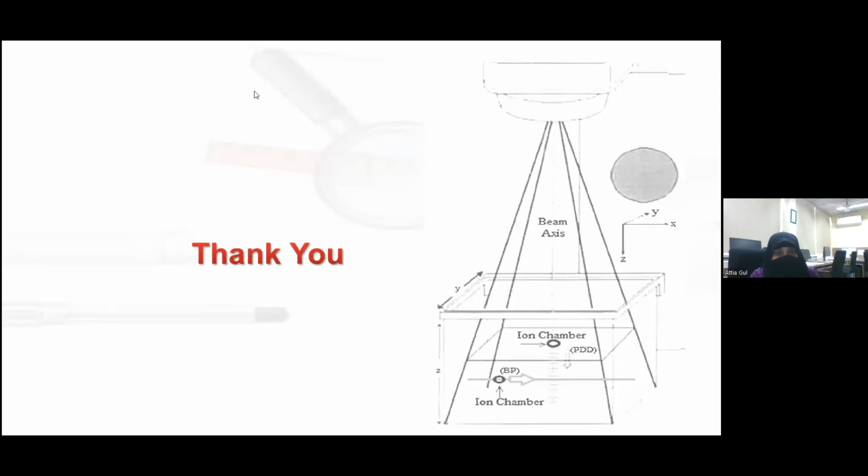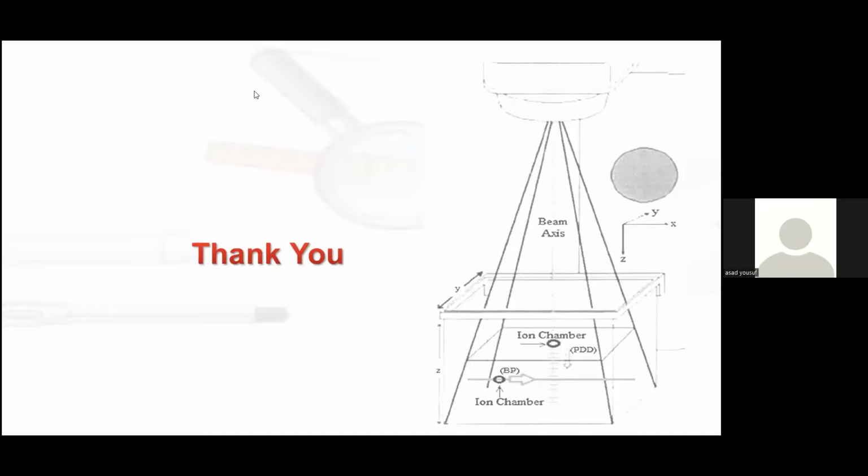On the other hand, the nano chamber has a very low volume averaging effect, but it has a very high polarity effect, and its response is much less stable as compared to other ion chambers. That is why I would personally recommend unshielded diodes based on their time efficiency and accuracy.